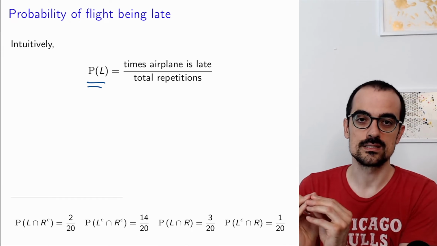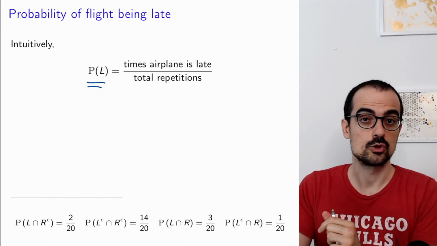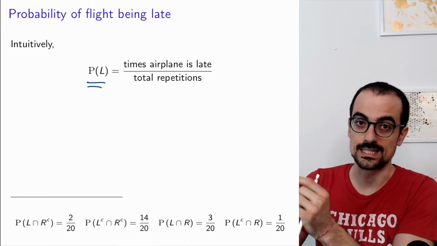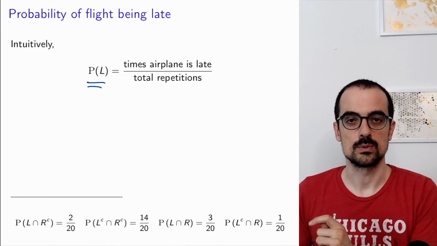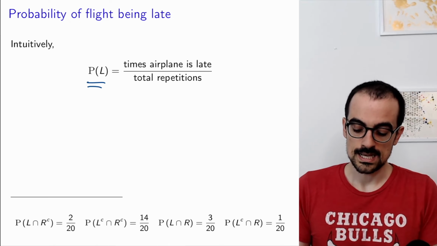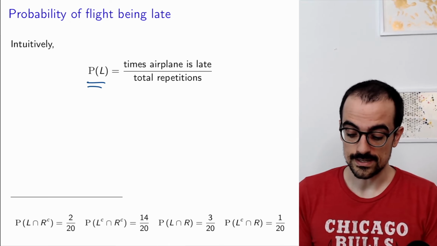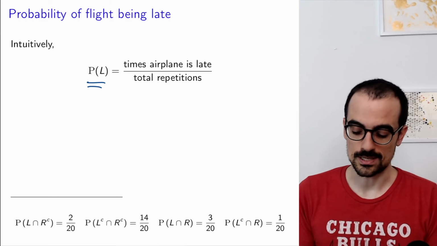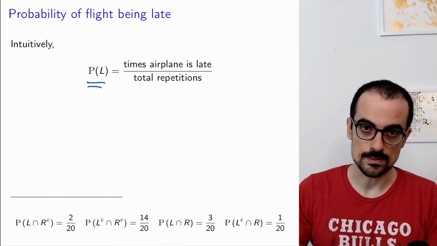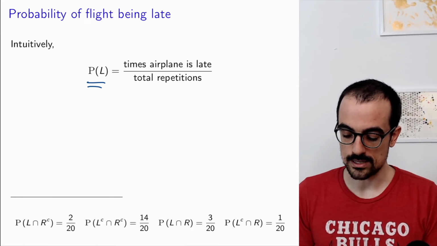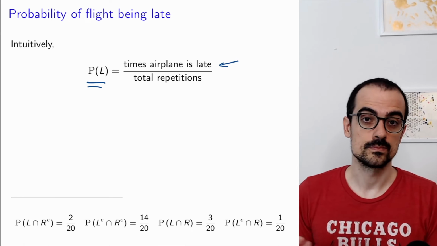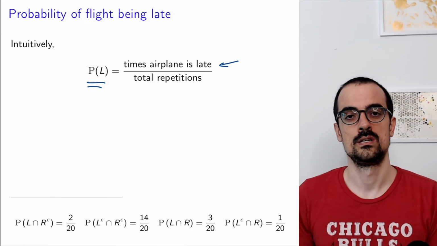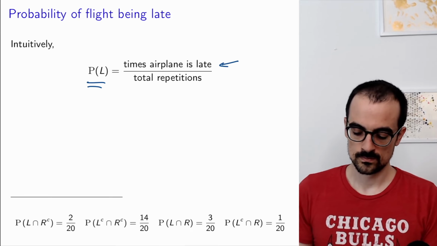And that outcome tells us whether the flight is late and also whether it rains. We can see whether that outcome is in each of the events that we have defined. And then the probability of a certain event is how often the outcomes are actually in that event. So from all these repetitions that we perform, how many of them are in late. Okay, that's our intuitive definition of probability.